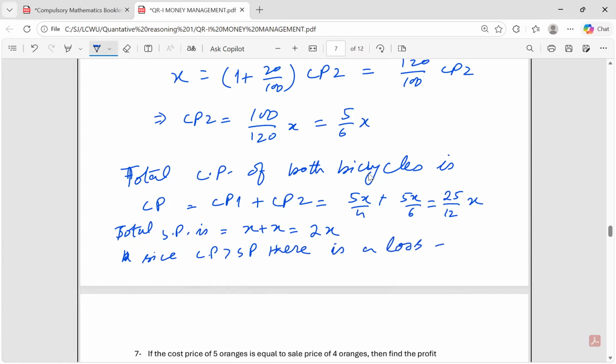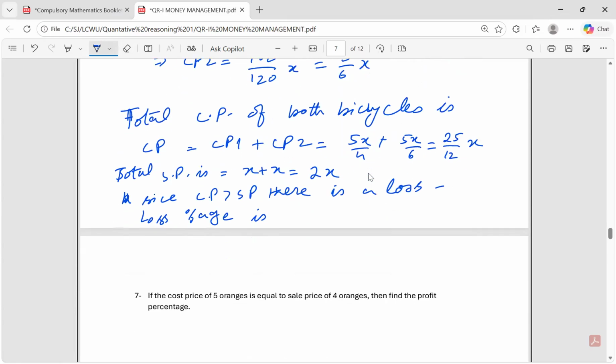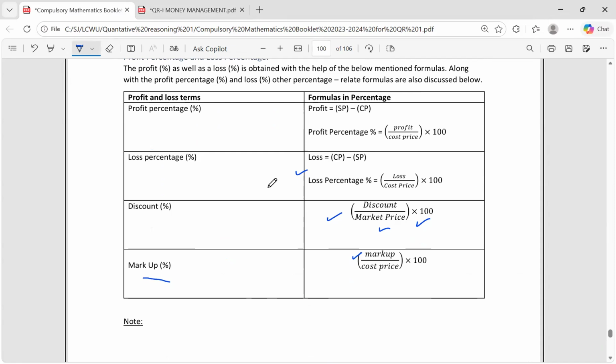And the loss percentage: since the cost price is higher than the sale price, we use the formula for loss percentage, that is cost price minus sale price over cost price.